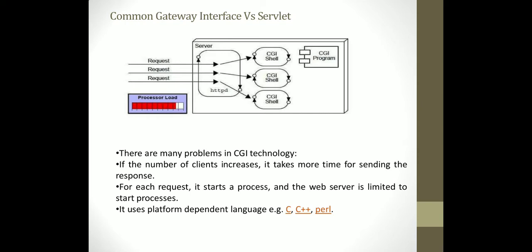There are many problems in CGI technology, because if the number of clients increases, it takes more time to send the response, and for each request it starts a process, and the web server is limited in starting processes. It also uses platform dependent languages, that is C, C++, Perl, etc. Because of that, the processor is under heavy load, so servlets are always better than CGI.